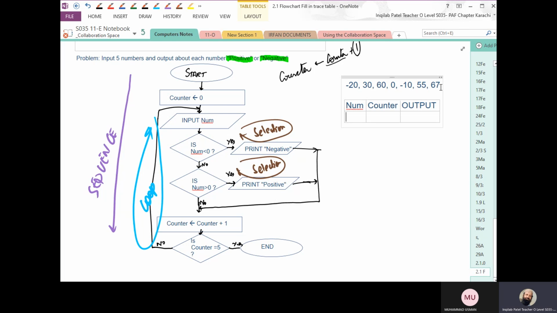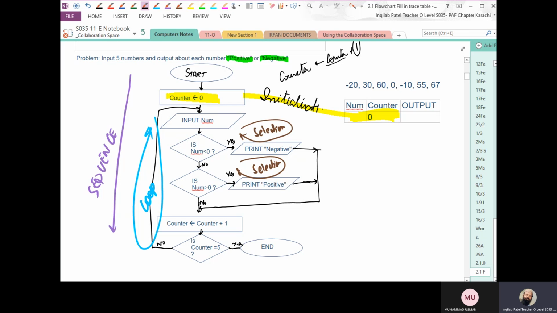Firstly, it says counter equals 0, so we have written 0 in this line. This is the first data that is stored in the algorithm. So this is known as first value or initial value or initialization. Right? This first value is known as initialization.